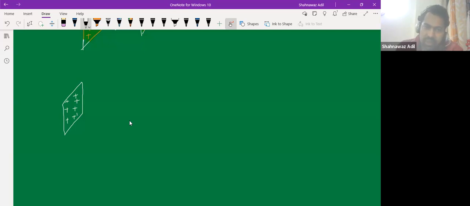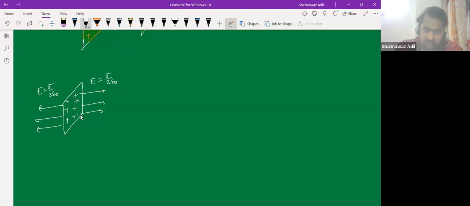We used the Gauss law, and from the Gauss law we found out the electric field of a thin sheet. This was sigma by 2 epsilon naught on this side, and sigma by 2 epsilon naught on this side. Do you remember it now?